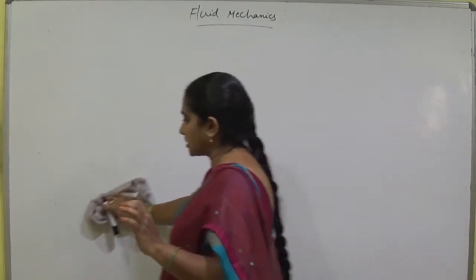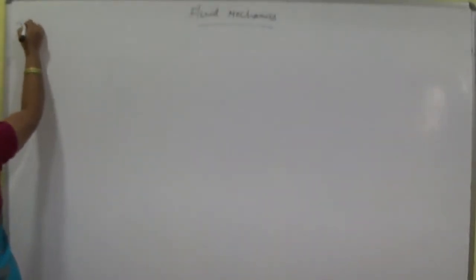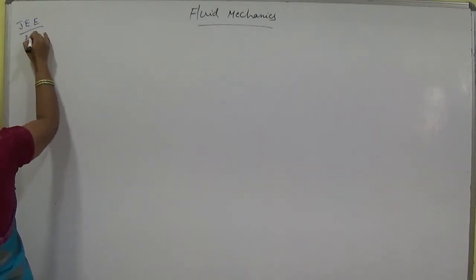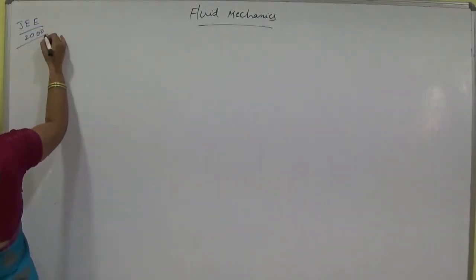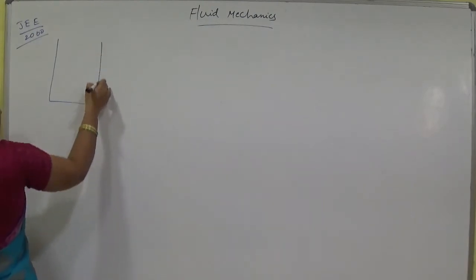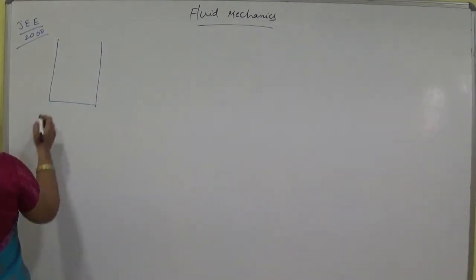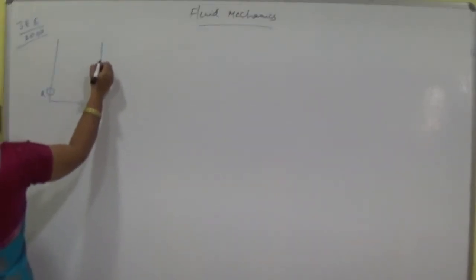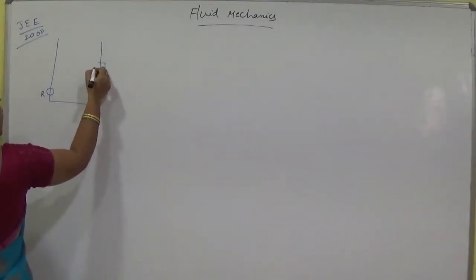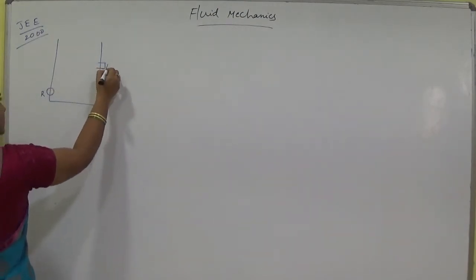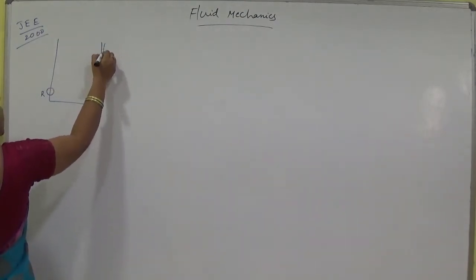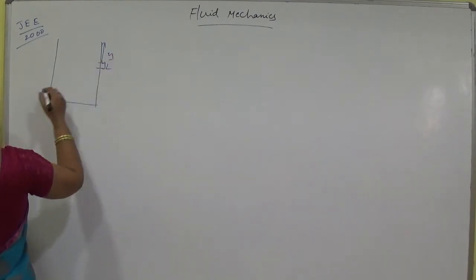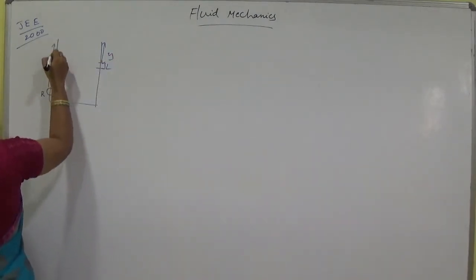Next, another last topic, a numerical, look, JEE. The orifice is in a rectangle L shape. This side, this height is y. This is 4y.